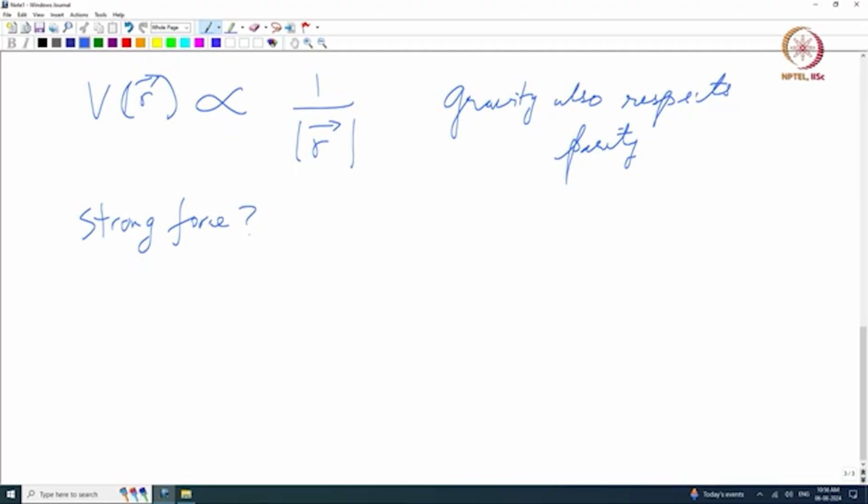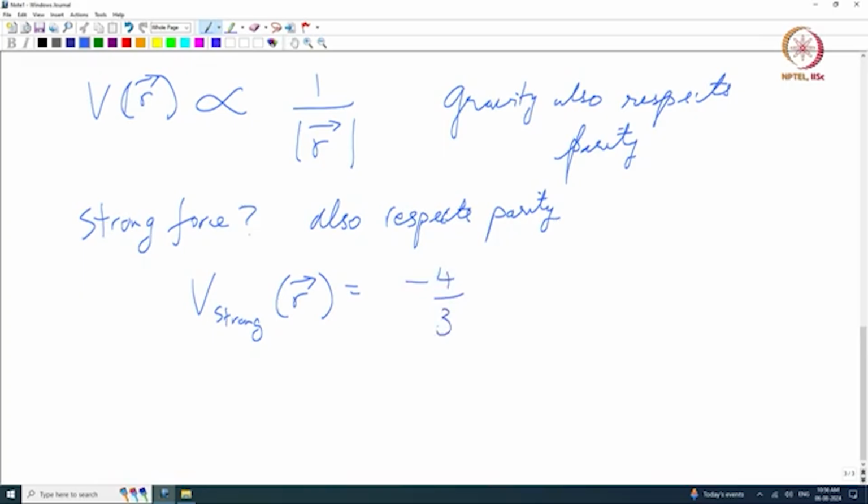So I'll just tell you, the strong force also respects parity. Okay, and one of the quickest ways to see this is to inspect the potential. It's an effective potential. Okay, in other words, it's not really a fundamental equation that I'm writing down. This is what is seen to work.